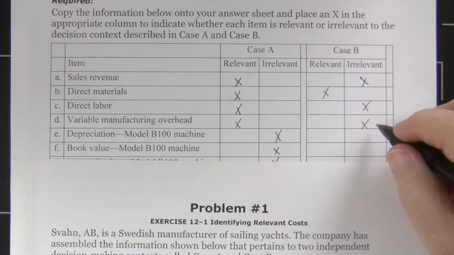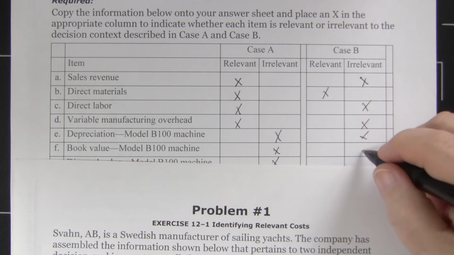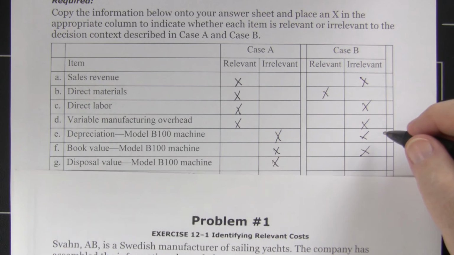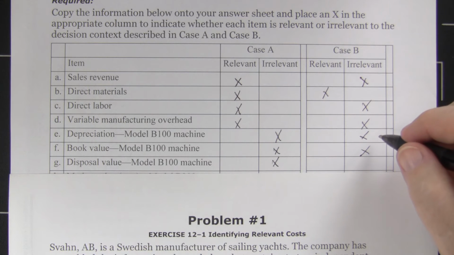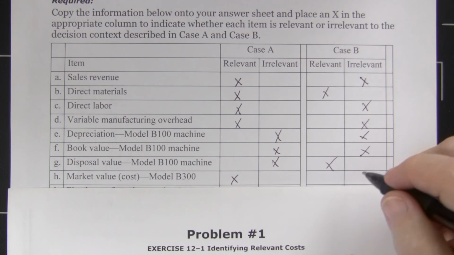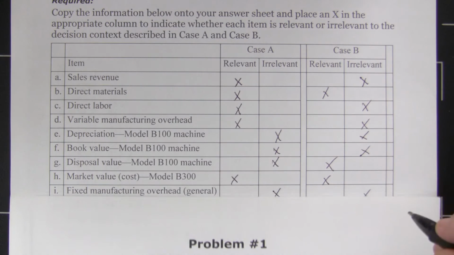The depreciation on the machine we're getting rid of is irrelevant. The book value is irrelevant because that's historical cost minus depreciation. The disposal value is relevant because we're going to be selling it. The market value of the new machine is relevant because we're going to be buying it.